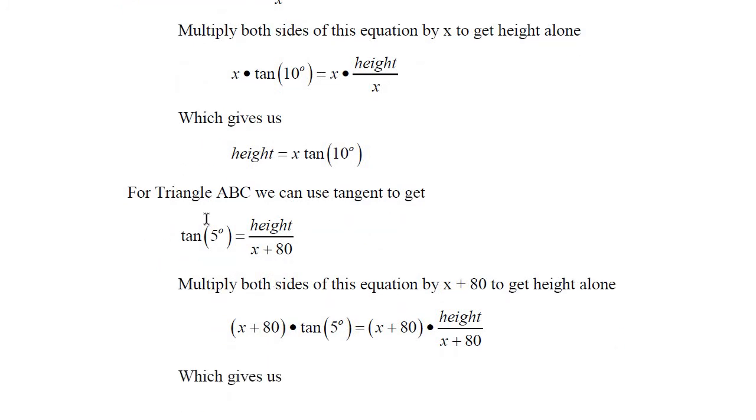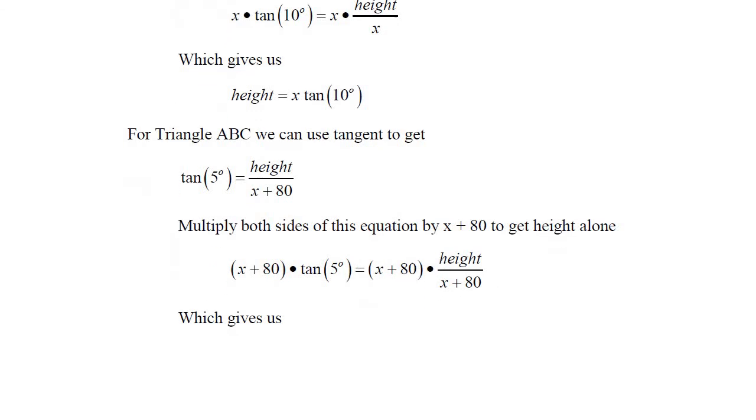So that ends up giving me the tangent of 5 degrees is equal to that height, the opposite, divided by the adjacent, which is x plus 80. Then I multiply both sides of this equation by x plus 80 to get the height by itself, so that's what I want to do. Multiplying both sides by x plus 80, the x plus 80s on the right side are going to go away.